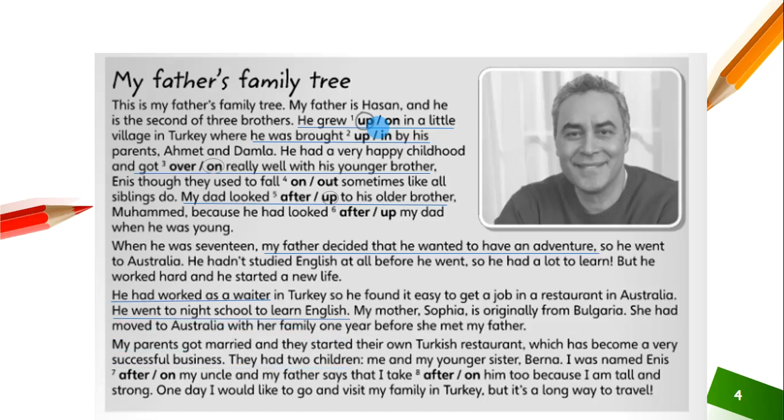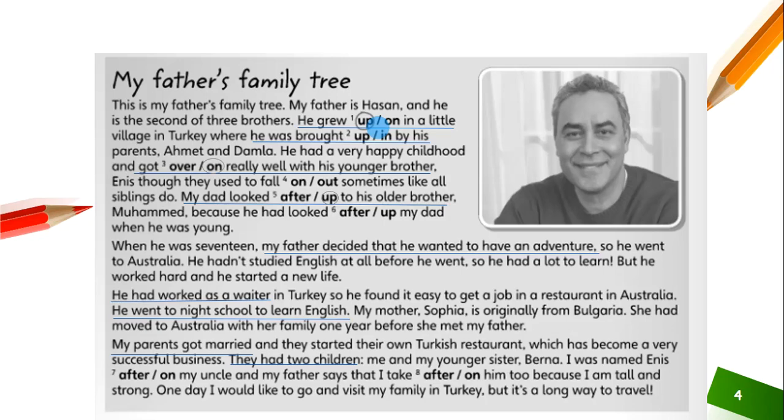What did he study? So he went to a high school to learn English. How did he get married? Or did he actually get married or not? So yes, he got married. And how many children does he have, or does he have children or not? So these are the main pieces of information that you have to mention in your writing.